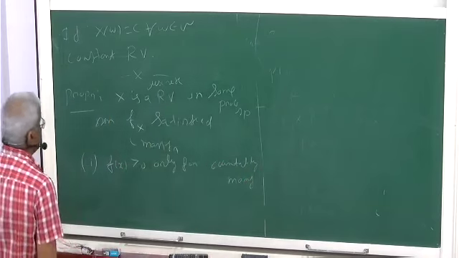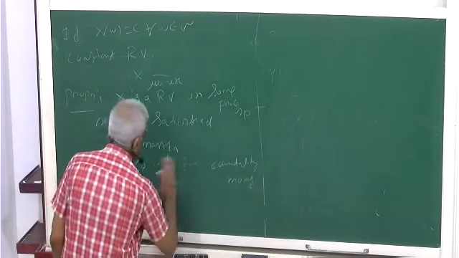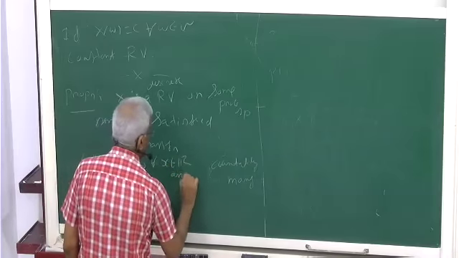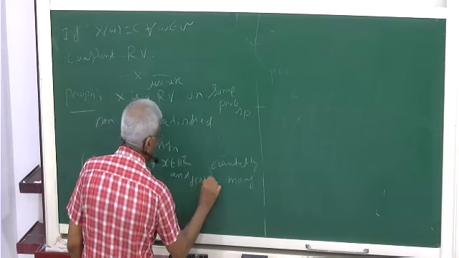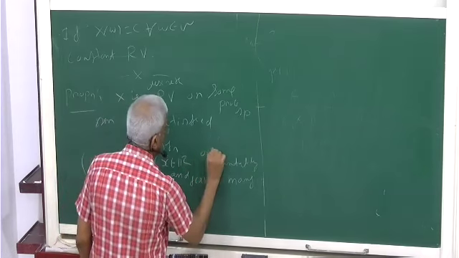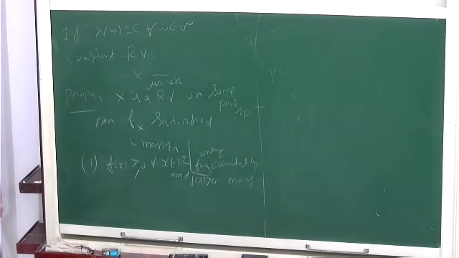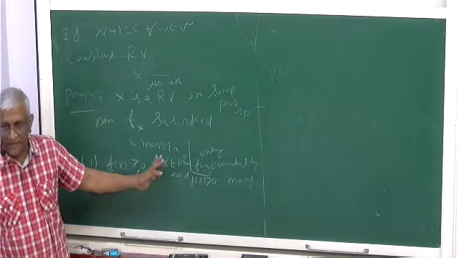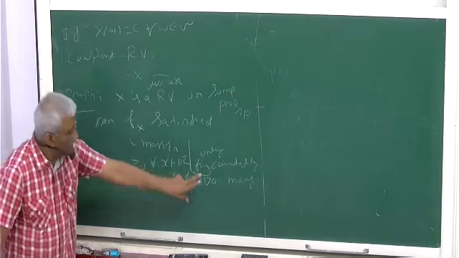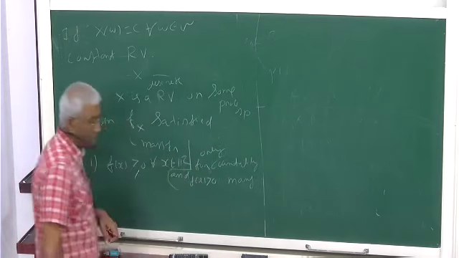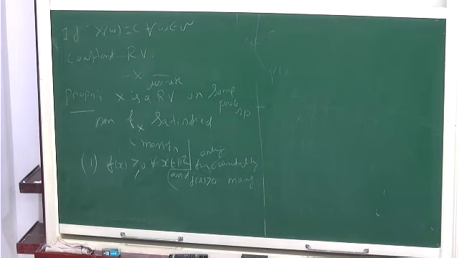So f of x is greater than or equal to 0 for all x in R. That is clear. It can be 0. It is strictly greater than 0 only for countably many.